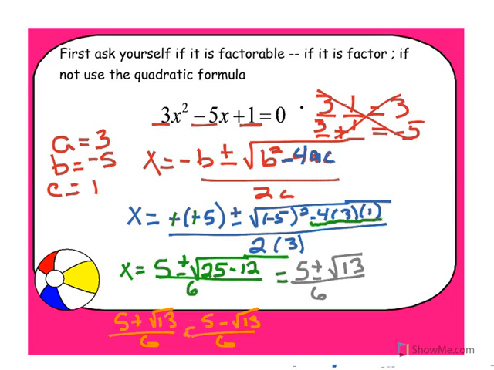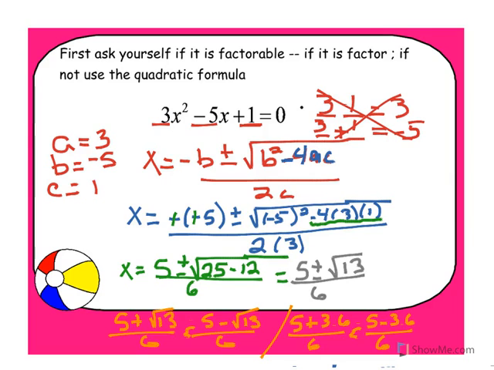You will type in the square root of 13, and you will see that it equals 3.6. So we would have 5 plus 3.6 all over 6, and we'd have 5 minus 3.6 all over 6.